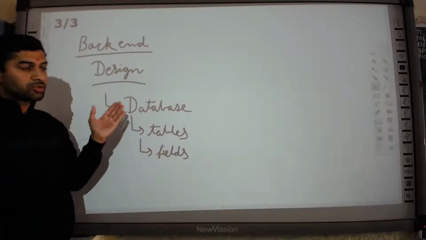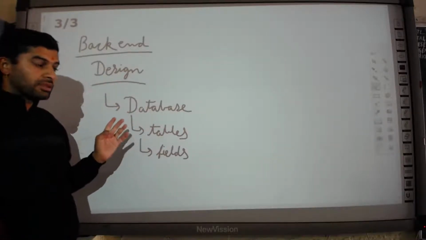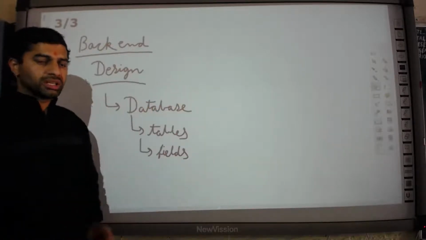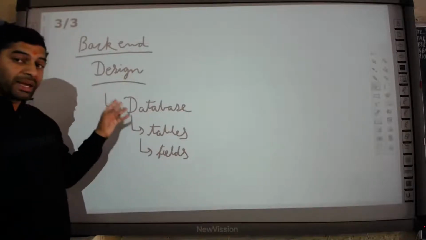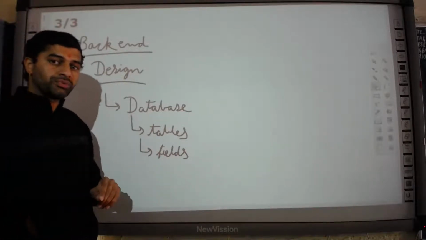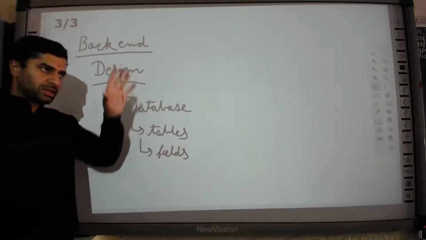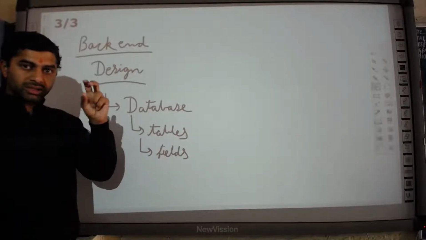When you start designing the menu system, you will require adding more and more data to those database fields. So the designing of the backend is directly connected to the designing of the menu system. When you start designing the menus, ideas will come into your mind that you will require this field also.